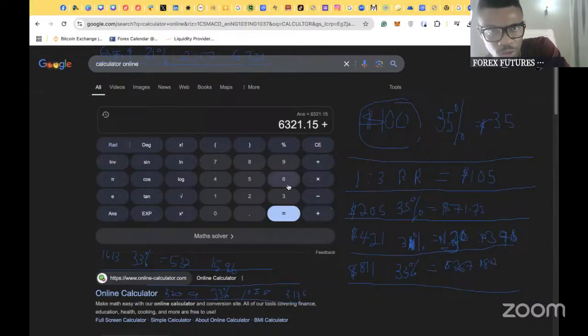plus 6,385. That gives us 12,706. And we are risking, let's bring the risk down to 31.